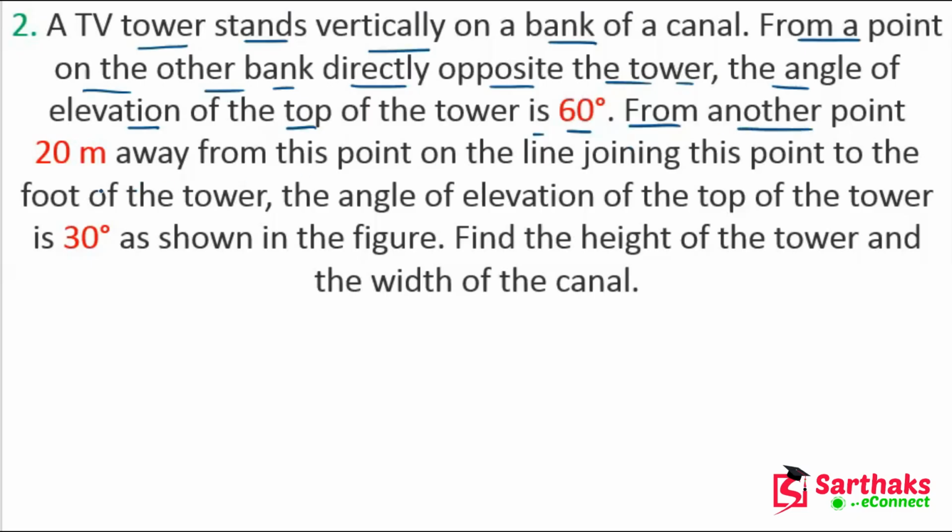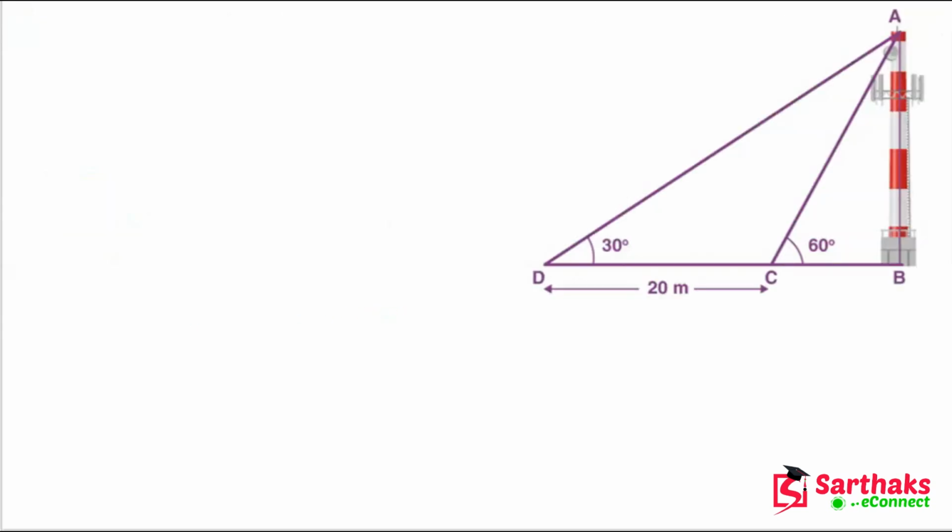From another point 20 meters away from this point, on the line joining this point to the foot of the tower, the angle of elevation of the top of the tower is 30 degrees, as shown in the figure. Find the height of the tower and the width of the canal.